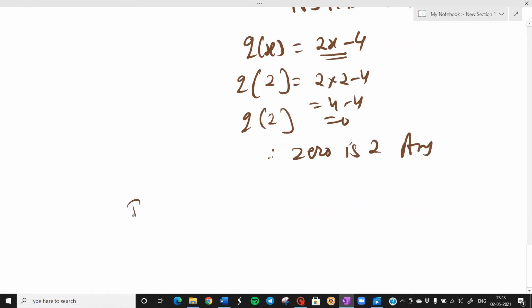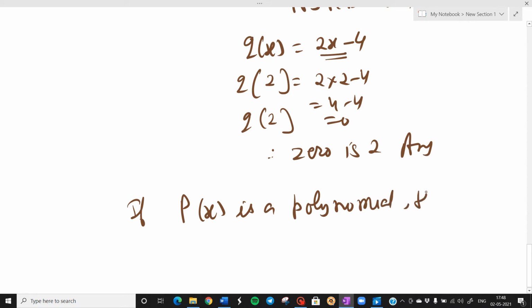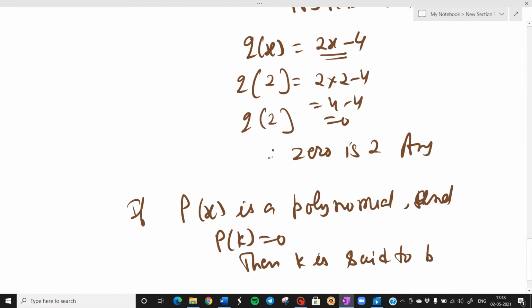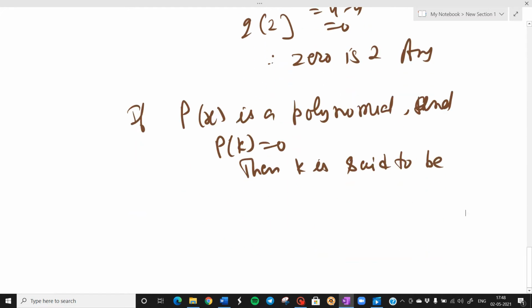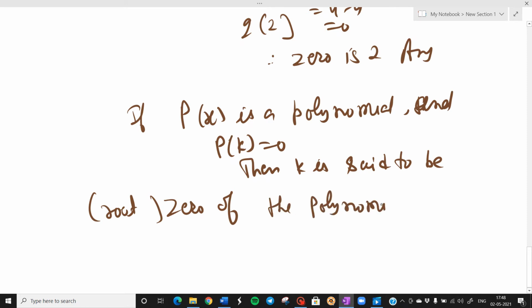So we can say if p(x) is a polynomial, and the value of p at k is equal to 0, then k is said to be a zero of the given polynomial. Zero here stands for root, said to be a root or zero of the polynomial.